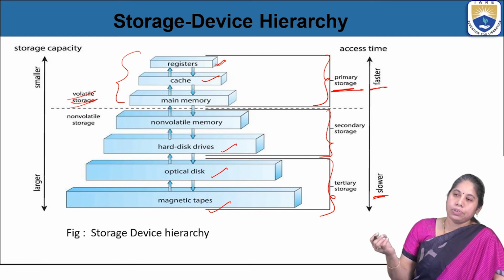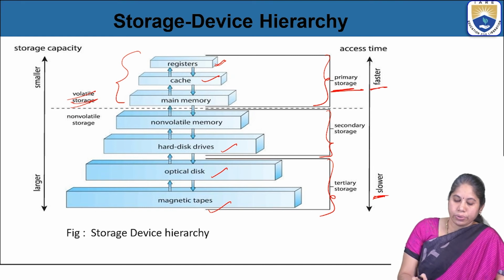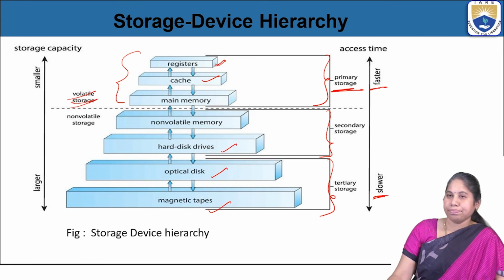The same way, if you are installing a tape inside your disk drive, then playing that movie or accessing the information from the disks is very slow. This is storage. Now under this storage, you have come across the terminology volatile, non-volatile, what is meant by primary storage, secondary storage, and tertiary storage.